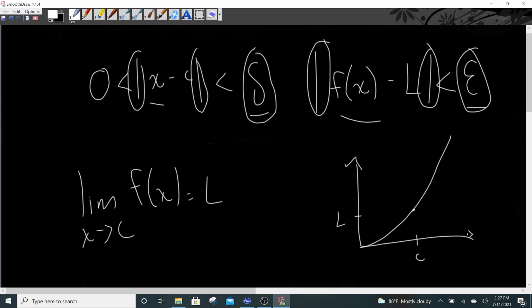And now, let's think back to what we were saying. We know that x cannot equal c, and for our range here there has to be some type of value.